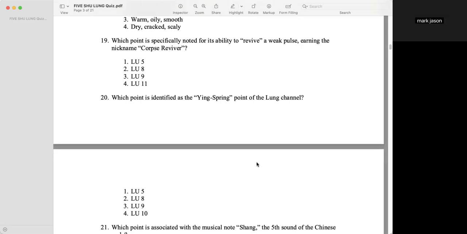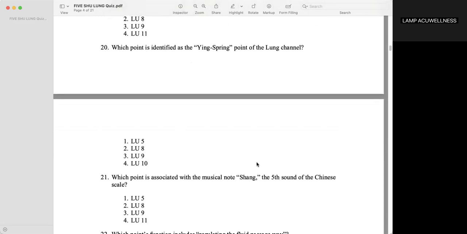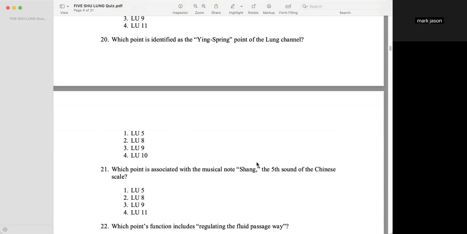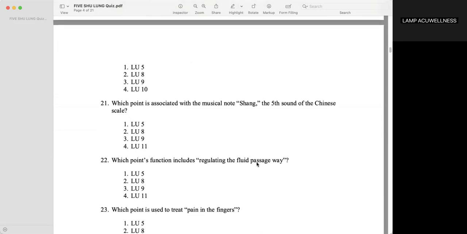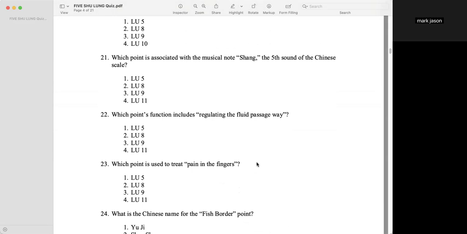Number 3, Lung 9. Which point is identified as the Ying-Spring point of the lung channel? Number 4, Lung 10. Which point is associated with the musical note shang, the fifth sound of the Chinese scale? Number 4, Lung 11.